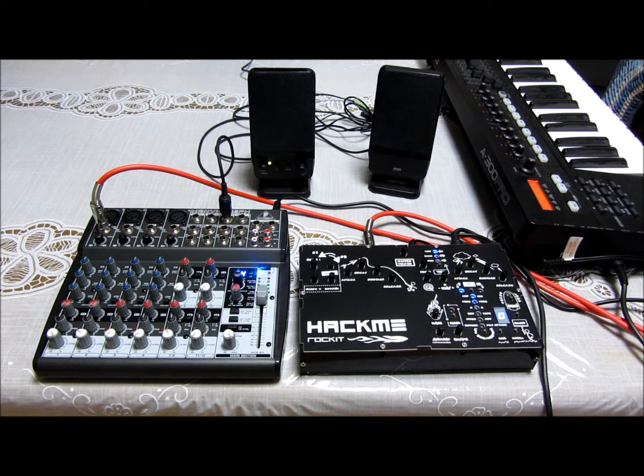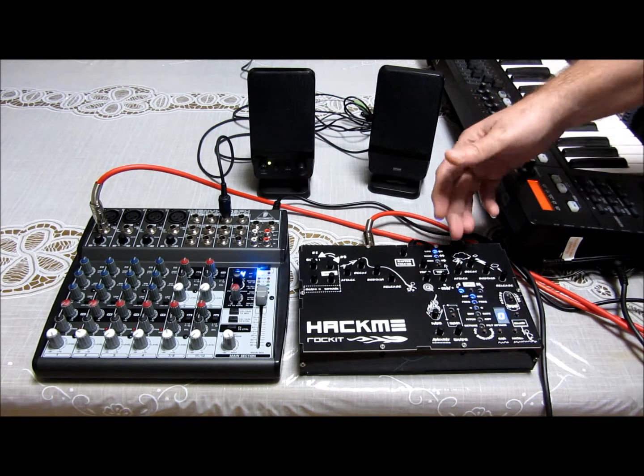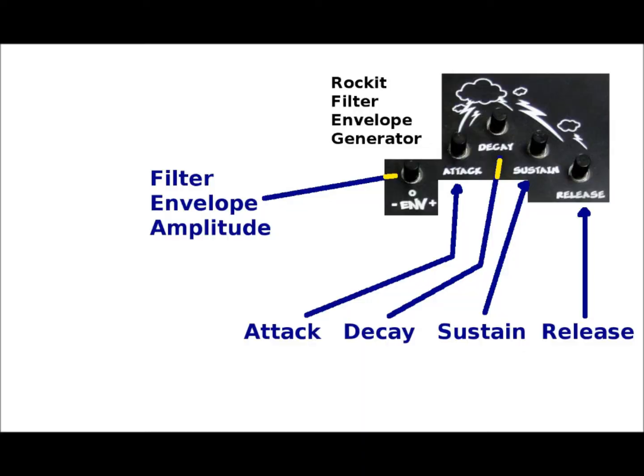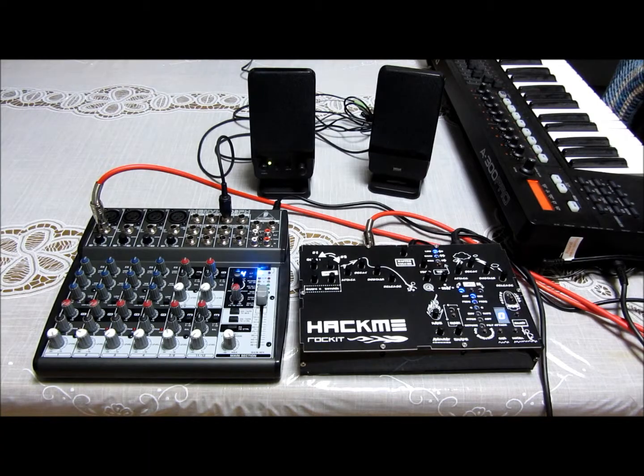Now, with the Rocket, there is also an envelope for the filter. And that's this part. Now, the envelope can either basically cause the filter to sweep up or sweep down from its current setting.